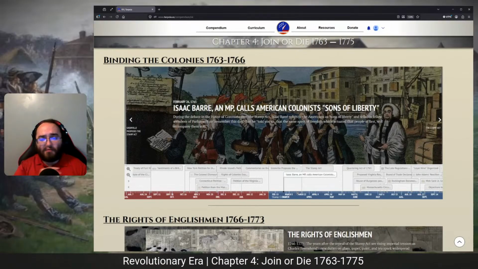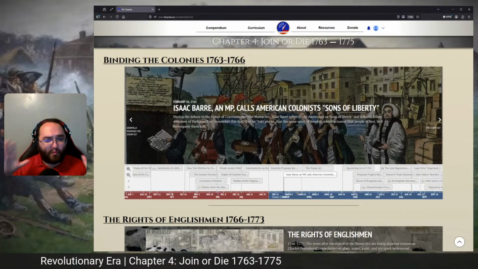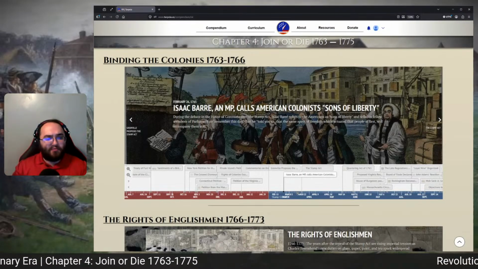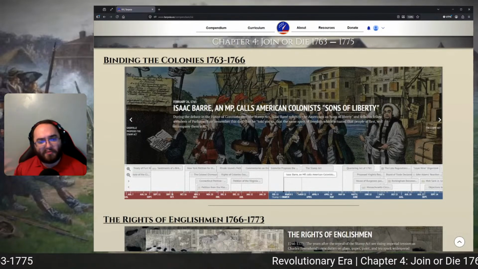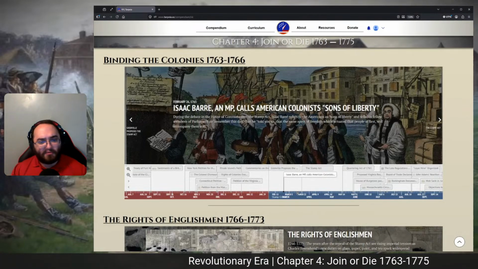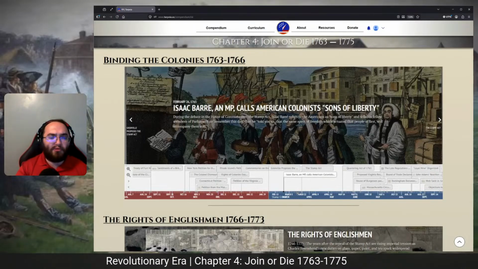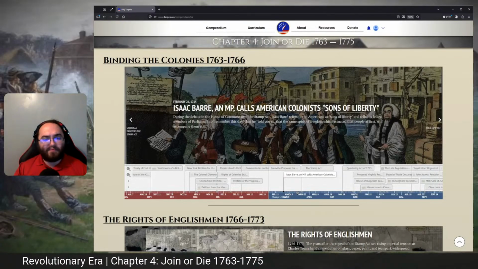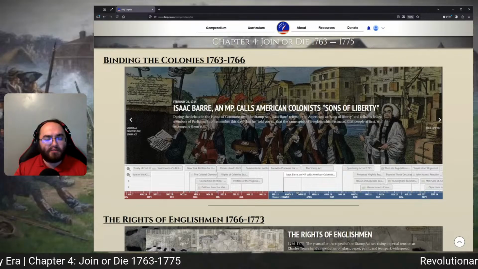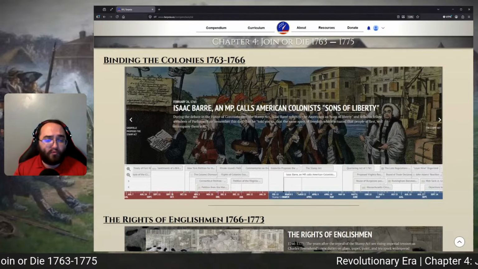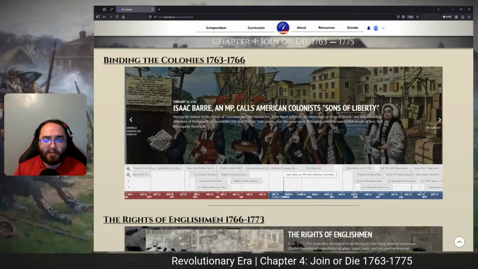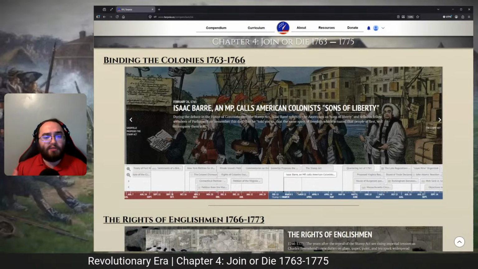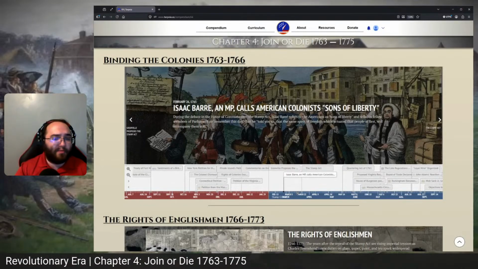Parliament is not a monolith, like one side. No, it's very diverse politically, and different members of Parliament from different parties, mostly the Whigs, will support the colonial cause. And this division in Parliament will continue even into the War for Independence, where the Whigs especially are going to be opposed to sending large armies to the American colonies.